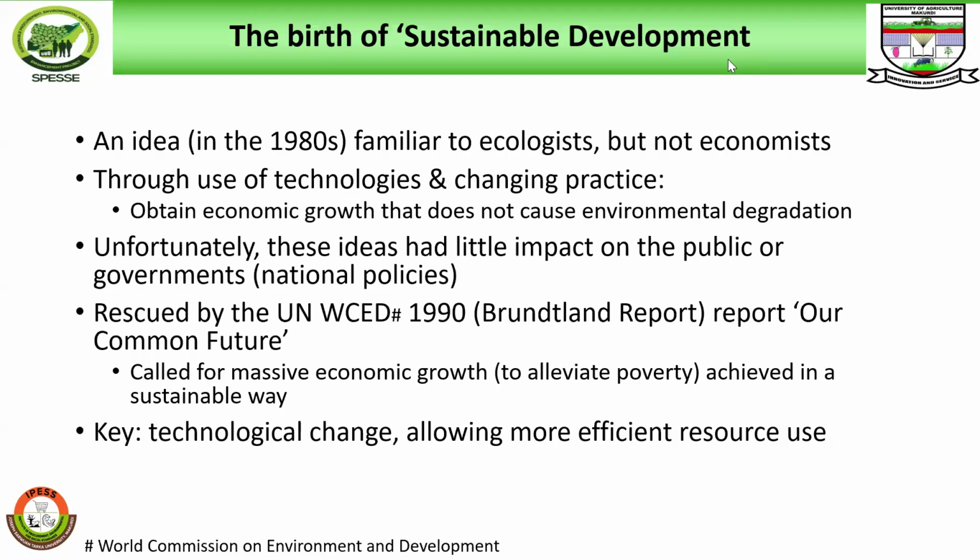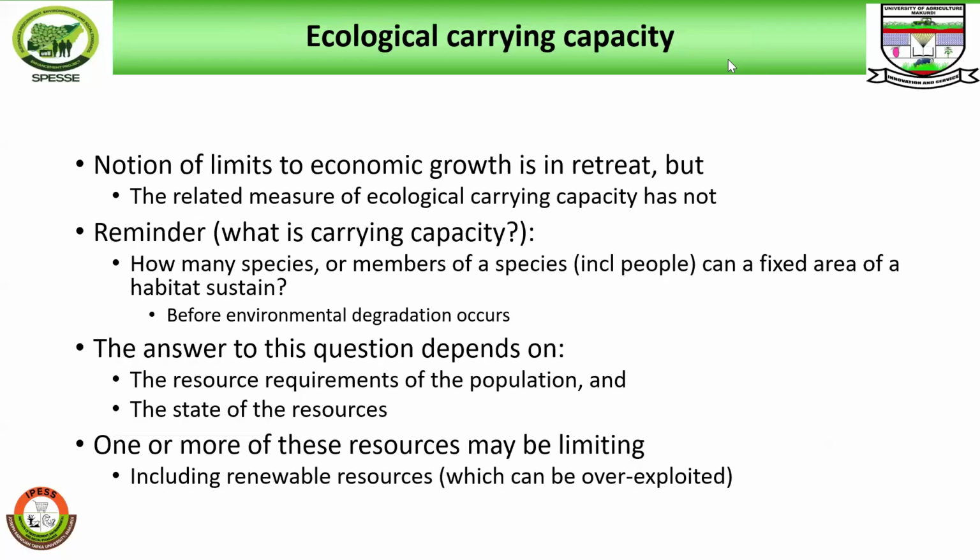And so the challenge becomes how to convince national governments to adopt it so that we play our own role in sustaining the environment. And the key to this is technological changes and allowing more efficient use.